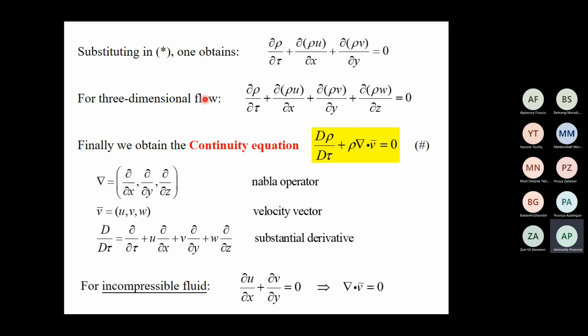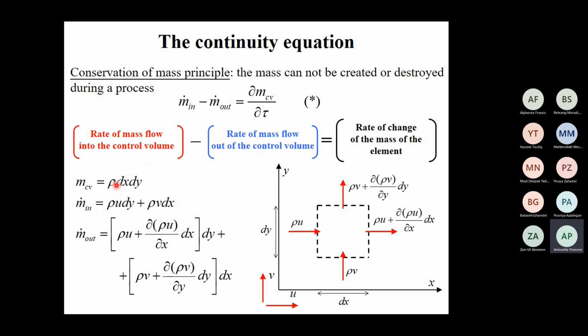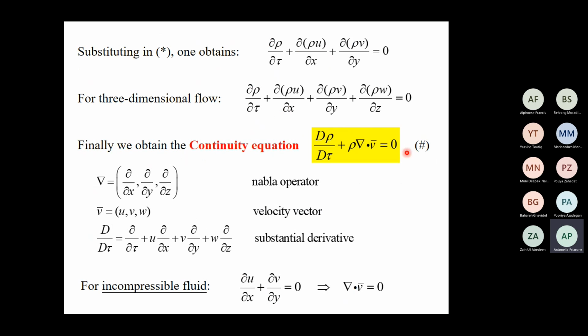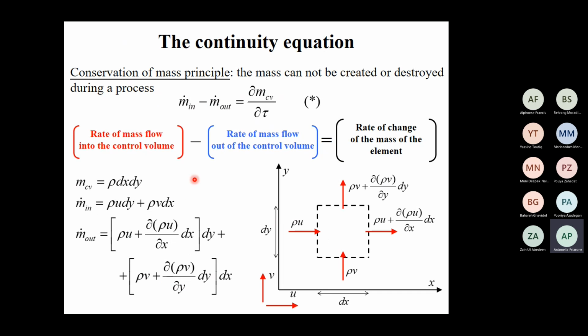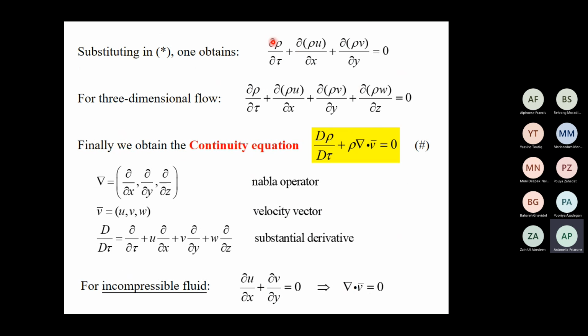And now I have to substitute here what I write here in the equation, the first equation, the conservation of mass, and I obtain what you can read here, because obviously I simplify this one with this one and this one with this one, and I obtain this equation.